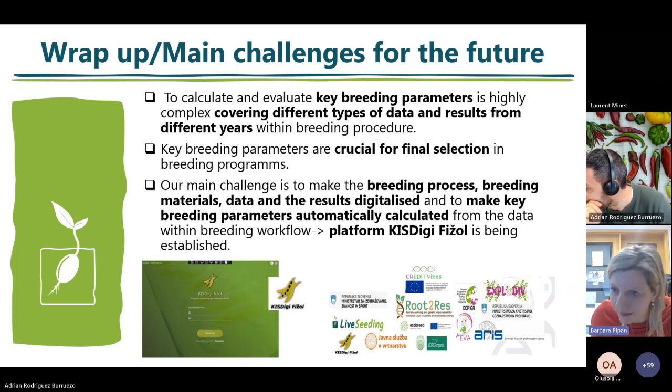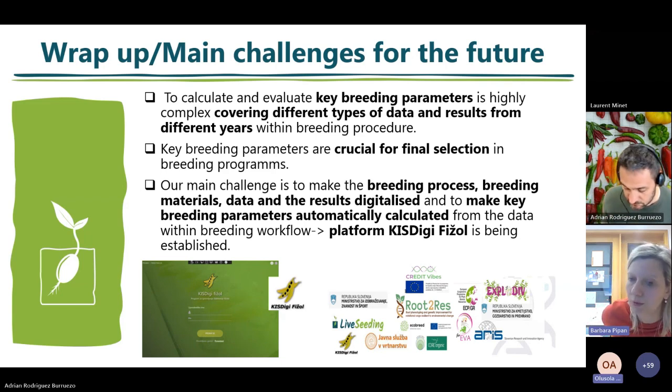At the moment, our main challenge is to make the whole breeding process, our breeding materials, data, and the results from the breeding process digitalized, and to make key breeding parameters automatically calculated from the data within the breeding workflow.